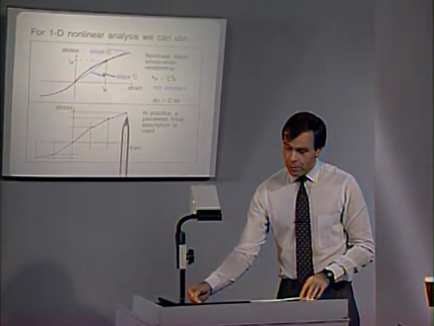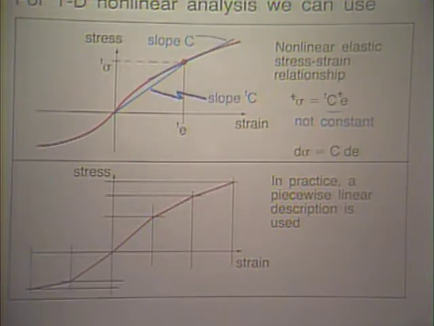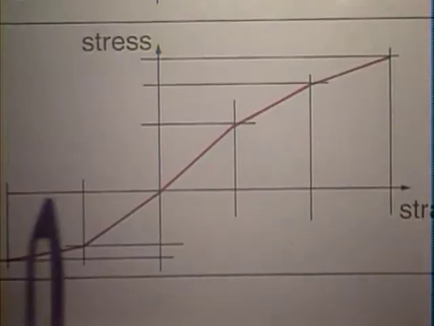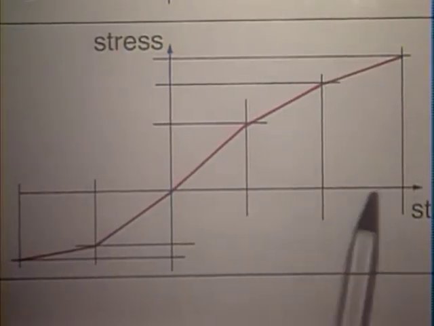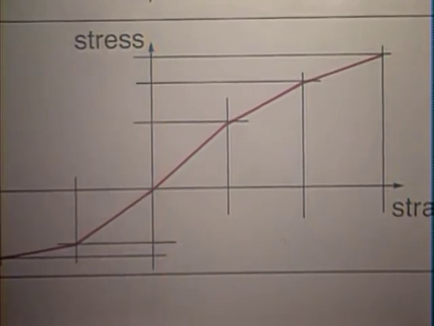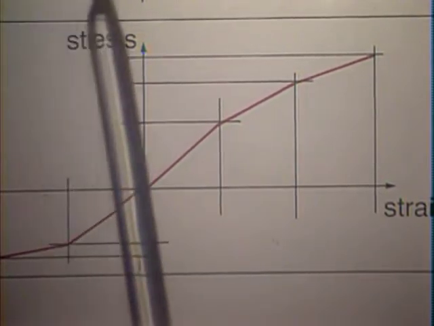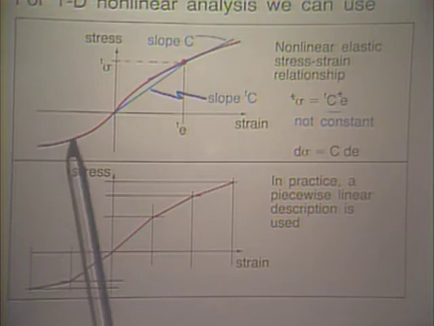In a computer program we would represent such a curve typically by a series of straight lines as shown here, and the input of course would be these points here and the corresponding points on the stress curve. Notice that if you take a large number of such straight segments, you can really approximate a continuous curve such as this one here quite well.